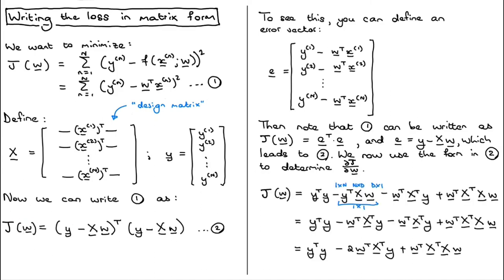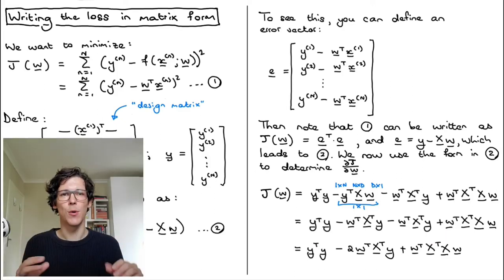So here I'm just multiplying out the terms. And it's useful to remind yourself that J is really just one number, a scalar number. So if you're going to multiply out all this stuff, then you need to end up with a 1 by 1 matrix, if you want to think about it in that way. So we multiply out all the terms and we're left with this result.